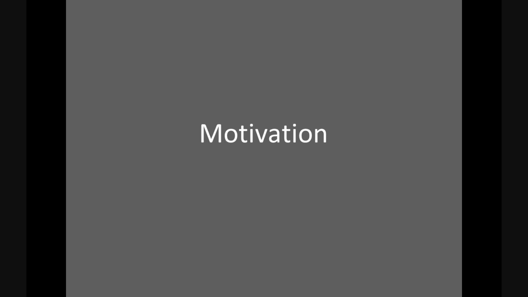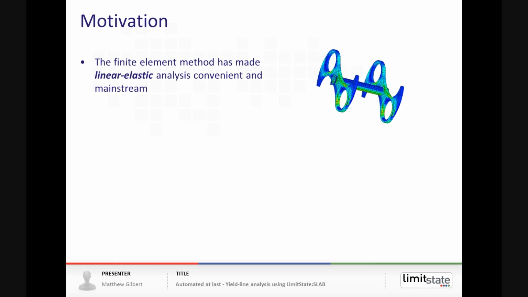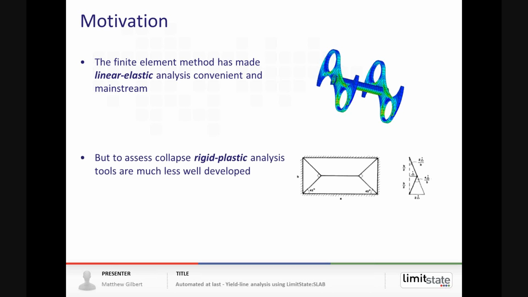In terms of our motivation, if you look at the engineering analysis space, it's very clear that if you want to do a linear elastic analysis, you're very well served. The finite element method has made linear elastic analysis convenient and mainstream. The same, however, can't be said if you want to do a collapse analysis.